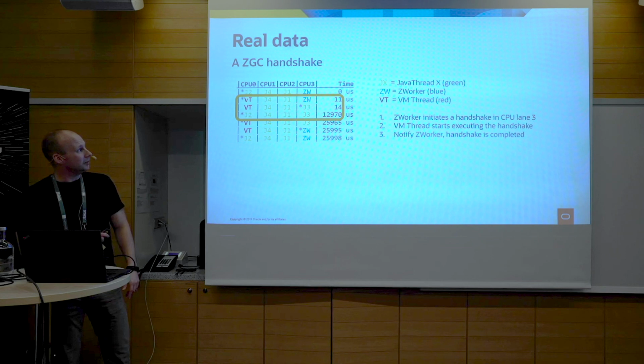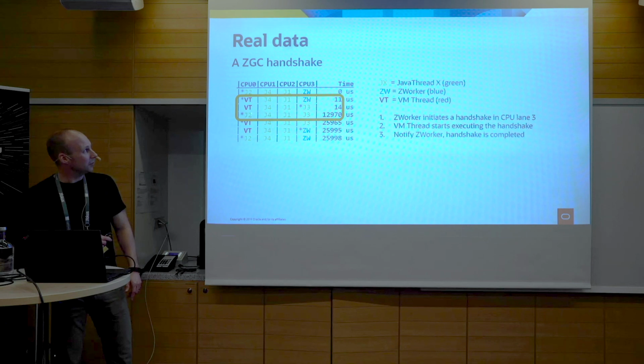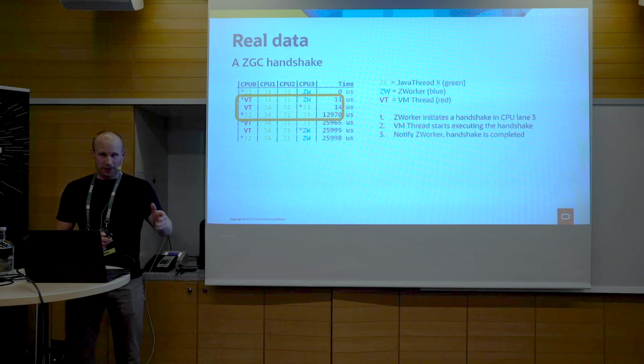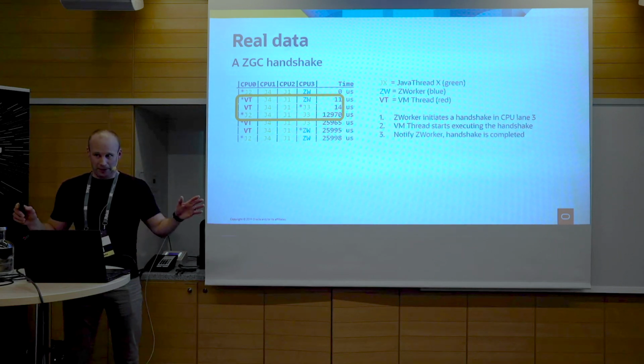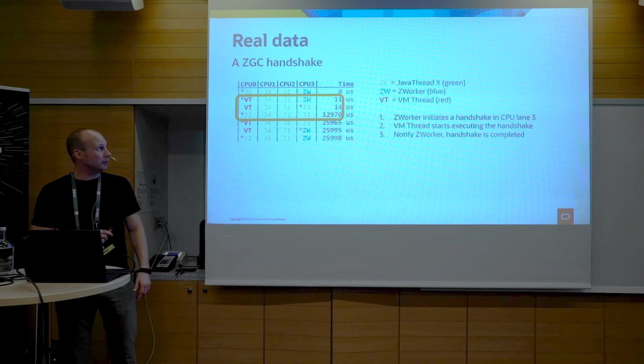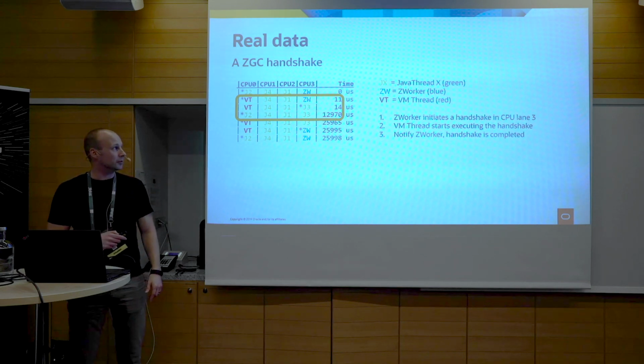The VM thread actually uses up its entire time slice before leaving the CPU, and J2 can enter and do whatever it does, probably its handshakes also, and then the VM thread comes back. So we're missing backoff on the VM thread. When the VM thread finds that all threads are unsafe, it can't do anything. It keeps spinning, so we're burning a lot of CPU here. This is a problem we're going to look at soon.